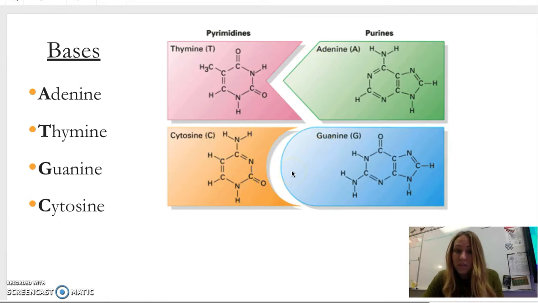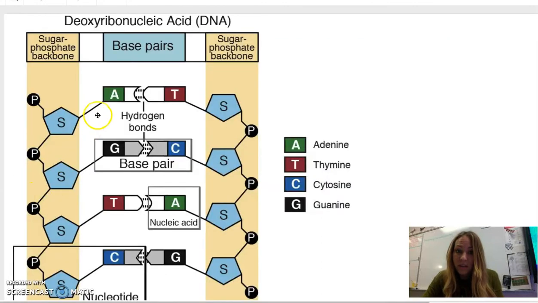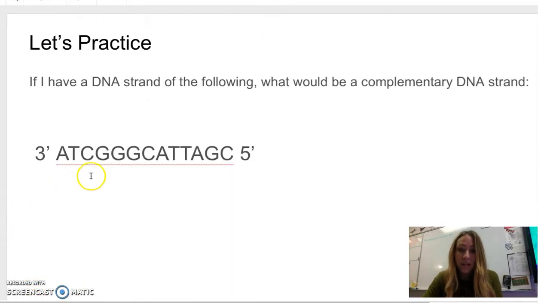DNA is a double strand, and we've got one strand that will go on one side and the other strand goes on the other side, and that's called the complementary strand. So you'll see here I've got a C paired with a G, T paired with an A, and so on and so forth. It's always going to pair that way, and that ensures that the information is correct no matter what strand you're reading.